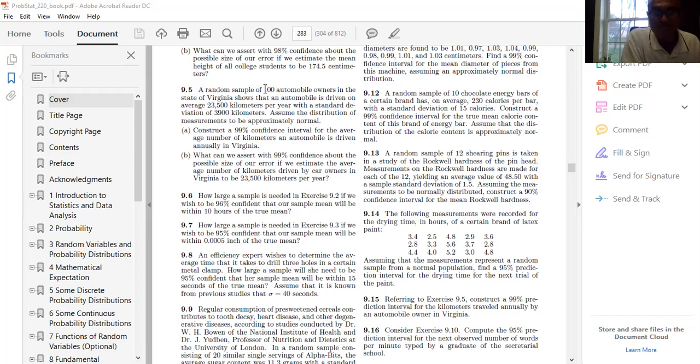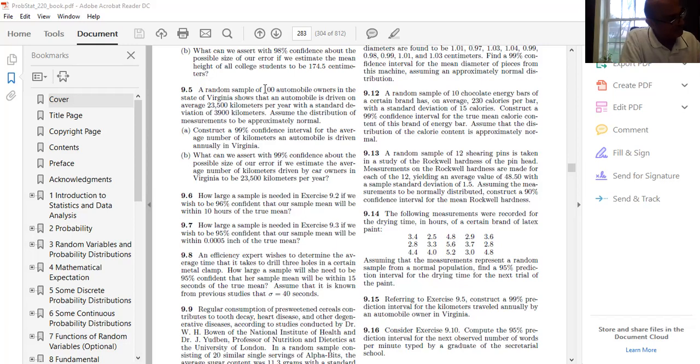This is the example in which we are given the 99% confidence interval. And the exercise says construct a 99% prediction interval for the kilometers traveled annually by the automobile owner in Virginia.